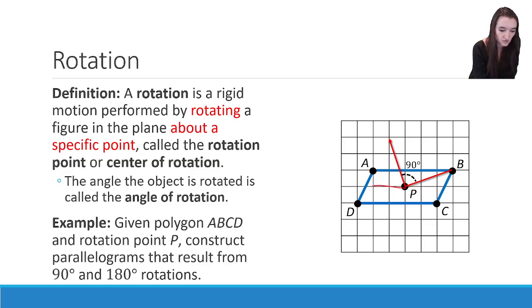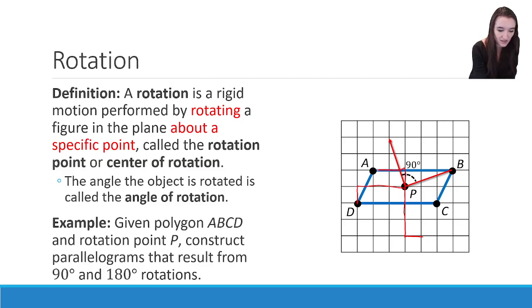D will be 3 left, 1 down, so we'll go 3 down, 1 right. And we can do the same thing with C to get our last point. So that's our 90-degree rotation. You're essentially taking this L that I've made, which is a lot easier to think about rotating than the whole shape. I took the L and rotated it, right?